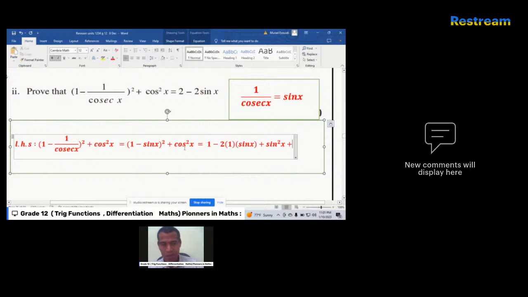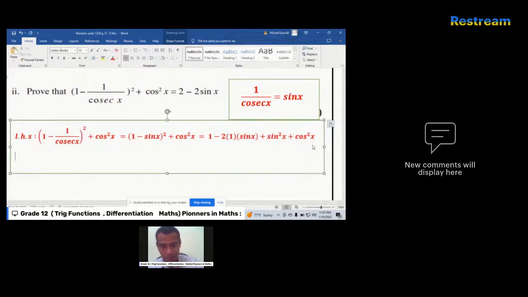Cosine square plus sine square is equal to 1. You can write it like that, or this one is equal to 1 always.